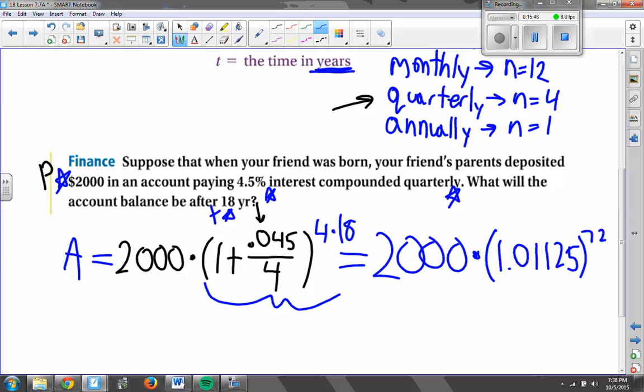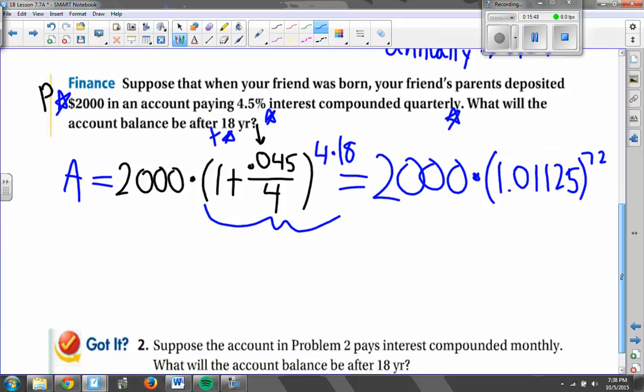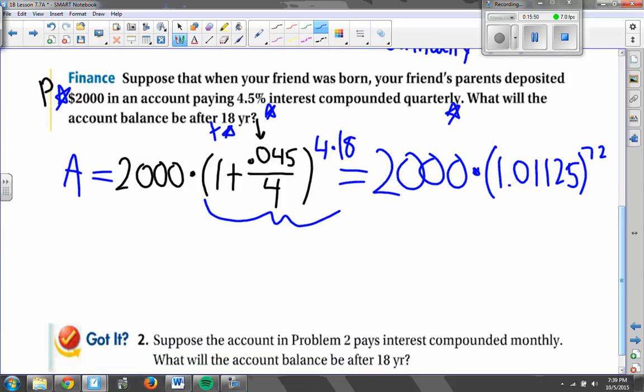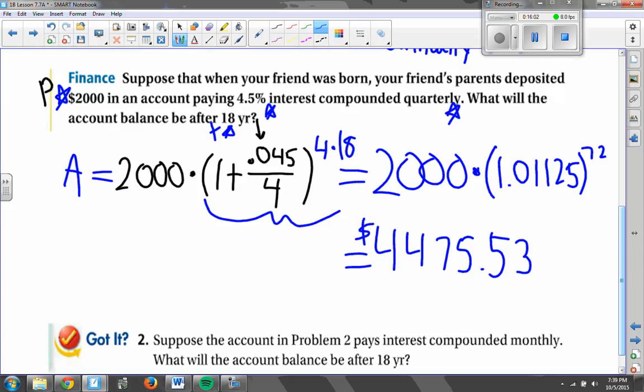And if you put that in your calculator, taking this number to the 72 power and multiplying by 2,000, you should get $4,475.53.